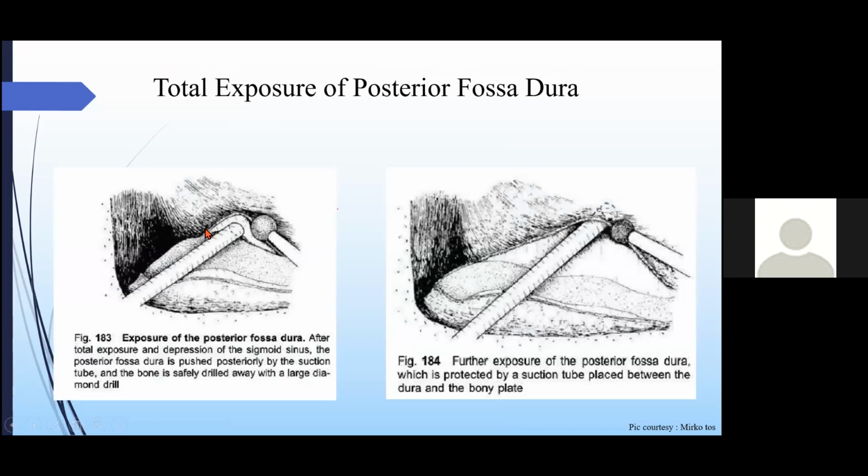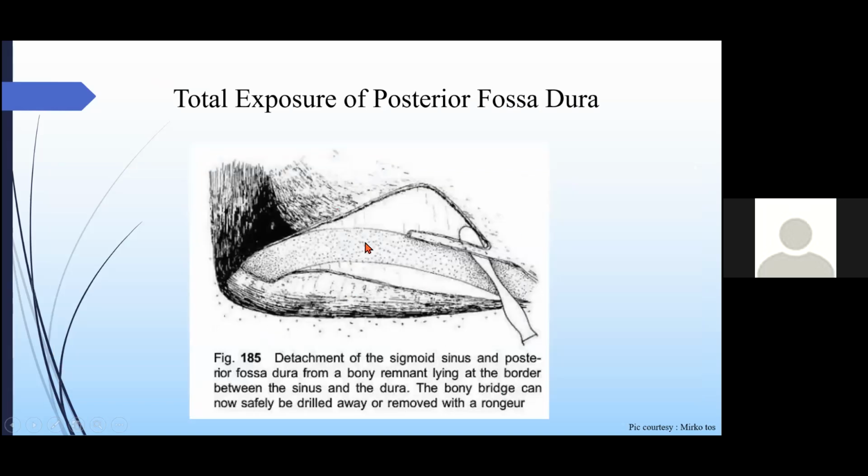So same thing, after exposing the sigmoid, we have to expose the bone anteriorly, and you can see the posterior fossa dura coming into the picture, which is also saved with the help of a blunt instrument, and the bone is kept on drilling, and so we can expose the posterior fossa dura and we can proceed.